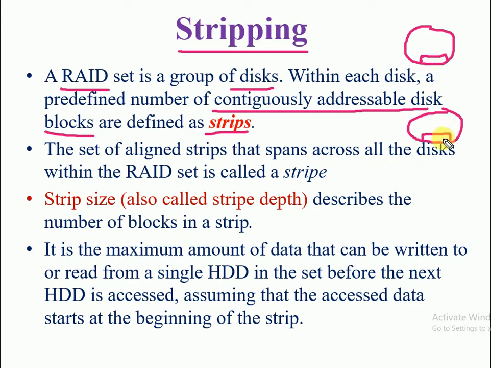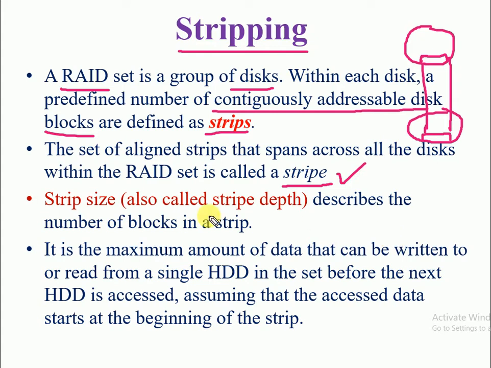This is one disk, this is another disk, and the alignment of these strips with continuously addressable blocks forms a stripe. When we have a number of disks, each disk has strips available, and if these strips are aligned in the same way, it can be called a stripe. We will see that in our example diagram.